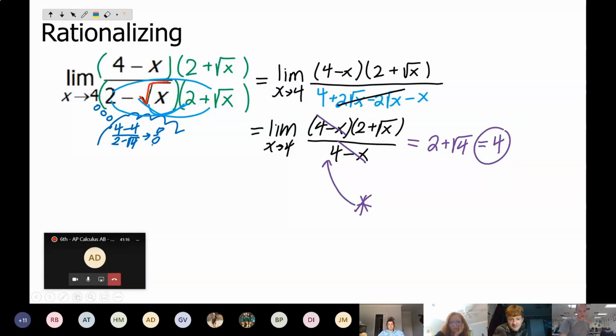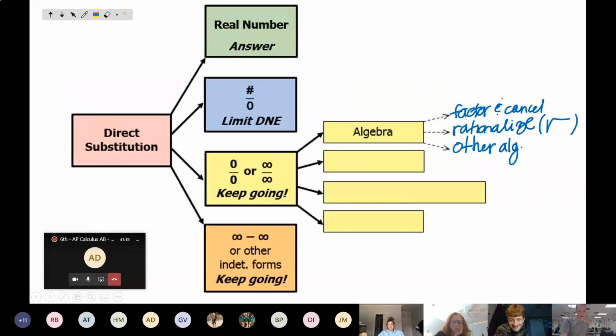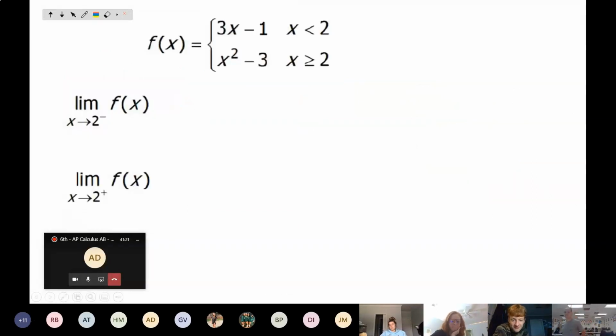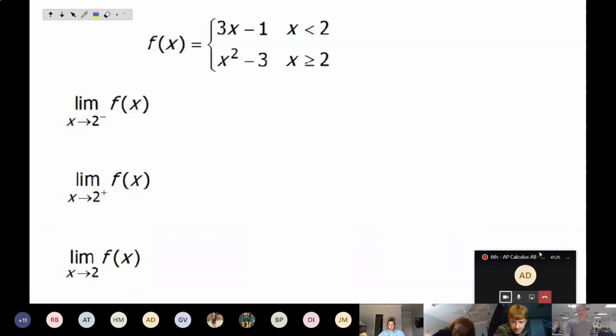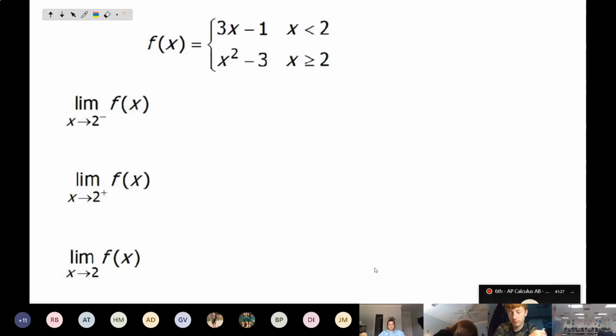All right, next one I want to do is this one. Looking at this particular problem, I have f of x equal to a piecewise function: 3x minus 1 for when x is less than 2, and f of x equal to x squared minus 3 for when x is greater than or equal to 2.